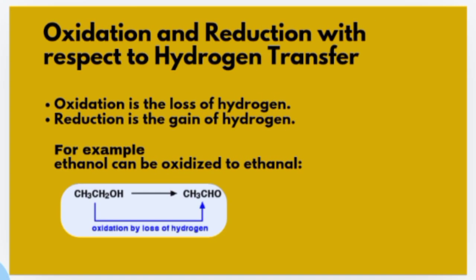In the next one you can see oxidation and reduction with respect to hydrogen transfer. In this equation, you can see ethanol can be oxidized to ethanal, right? CH3CH2OH goes to CH3CHO. There is a loss of hydrogen, so therefore oxidation has taken place.